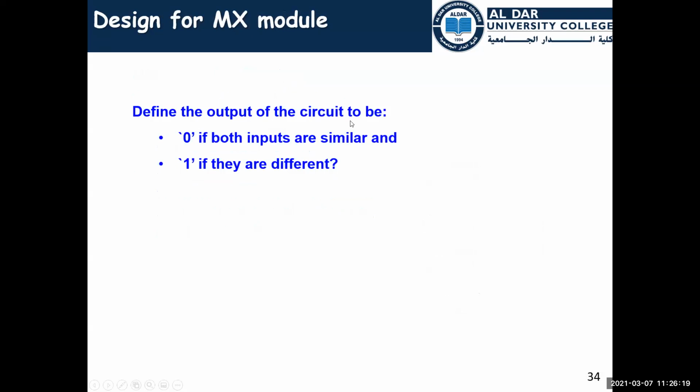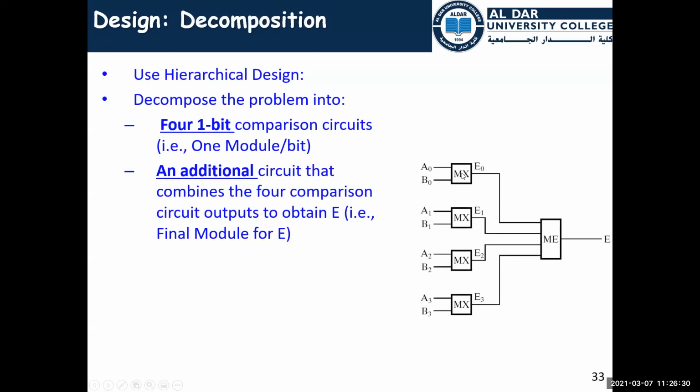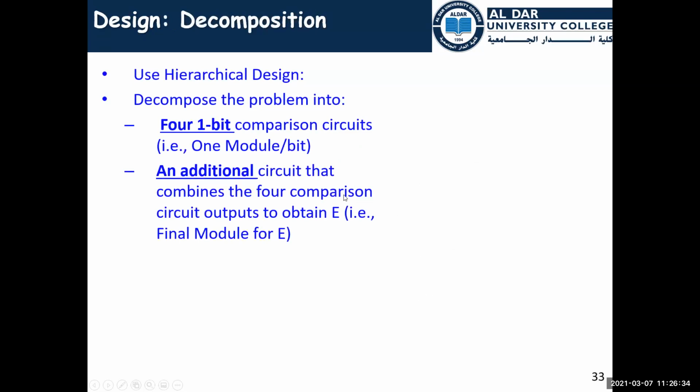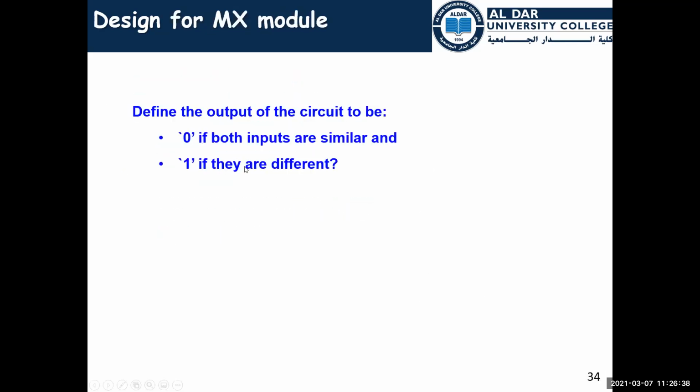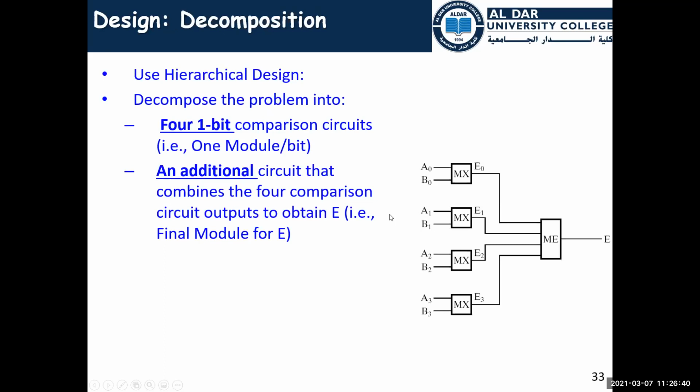We define the output of the circuit to be 0 if both inputs are similar, and 1 if they are different. This is the first circuit. X means that they are different. Okay, return it back. 1 if they are different, this is X like different, and this E is equal.